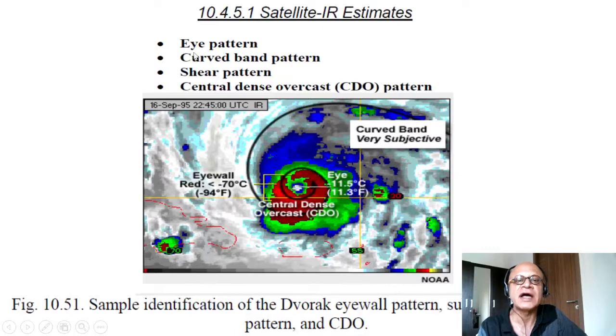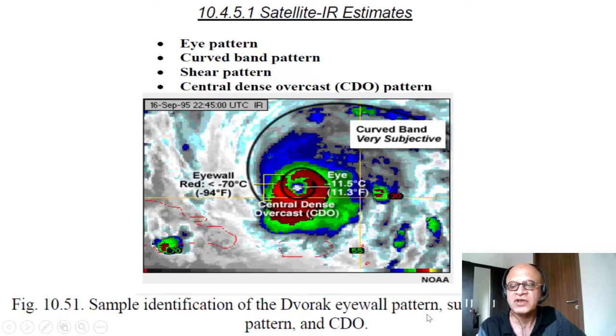So it looks for eye pattern, curved band pattern, shear pattern, and central dense overcast pattern. So CDO, central dense overcast pattern, and basically it wants to estimate the temperature difference across the eye to the outer region. Gives you a sense of the intensity, of course. So you can see the sample identification of the Dvorak eye wall pattern.